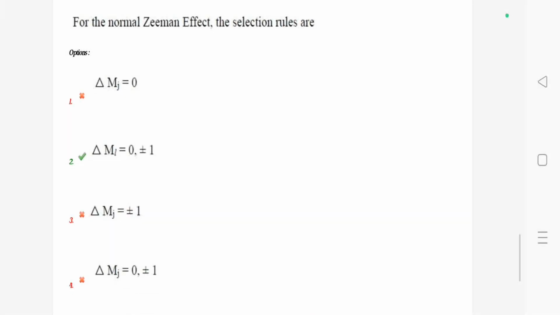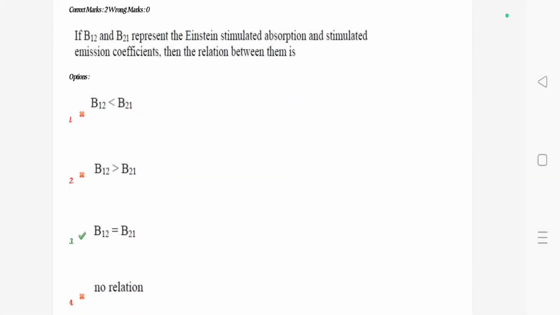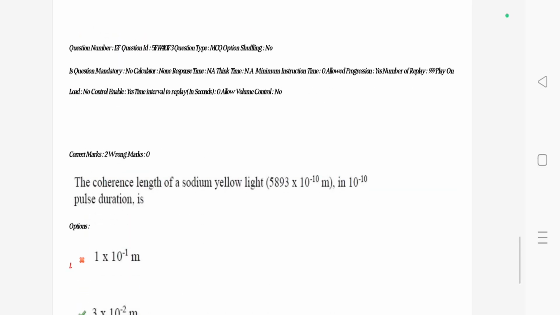For normal Zeeman effect, the selection rules are delta ml equal to 0, plus or minus 1. If B12, B21 represent Einstein's stimulated absorption and stimulated emission coefficients, then the relation between them is B12 equal to B21.